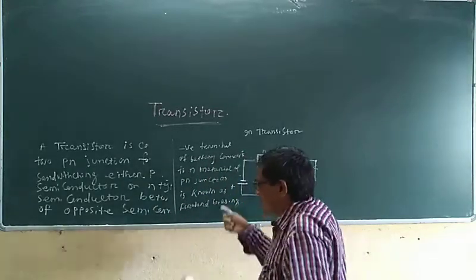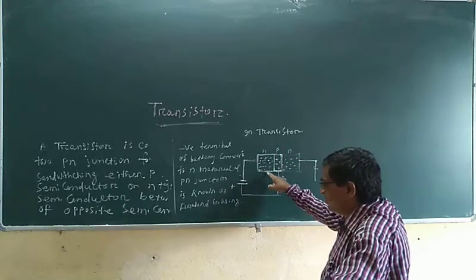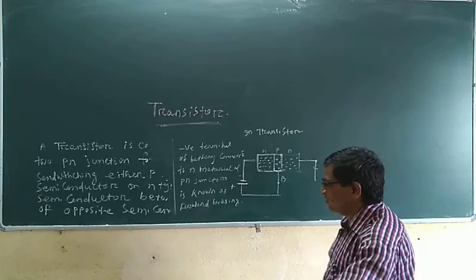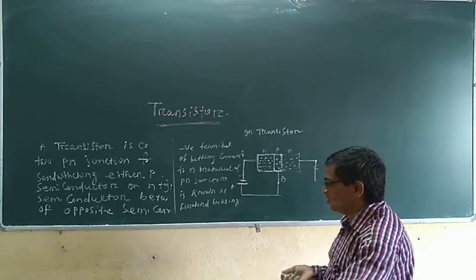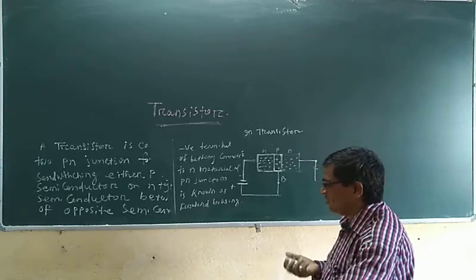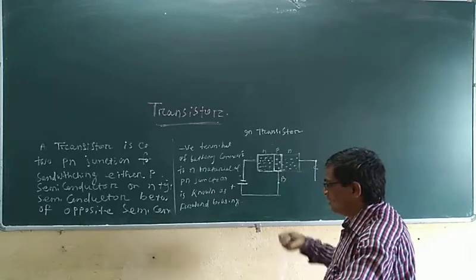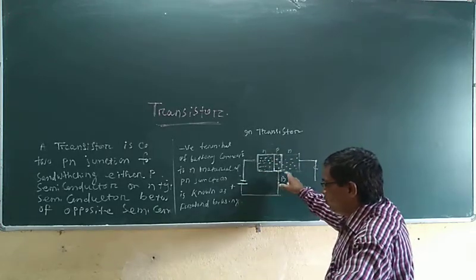We understood in the previous diode class that the biasing of a PN junction diode is of two types, reverse biasing and forward biasing. Here a transistor consists of two PN junctions, meaning two diodes.